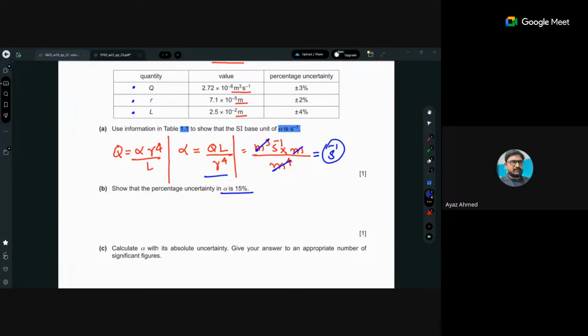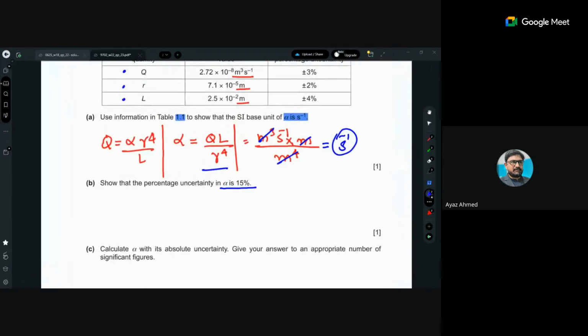When we address uncertainties, we have to consider their power. So the percentage uncertainty in alpha is the percentage uncertainty in q plus the percentage uncertainty in L plus 4 times the percentage uncertainty of R. The reason is that R has power 4.